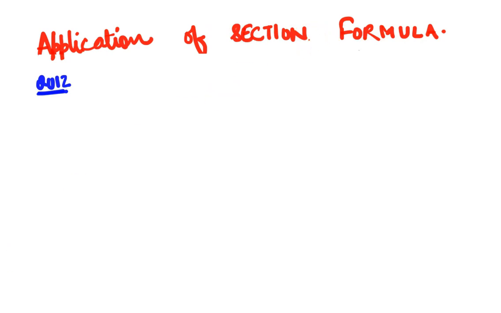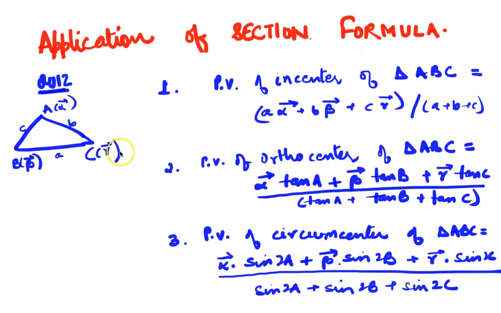So let's start. If you have a triangle ABC with position vectors alpha vector, beta vector and gamma vector, and side lengths given by A, B and C, then prove that 1.